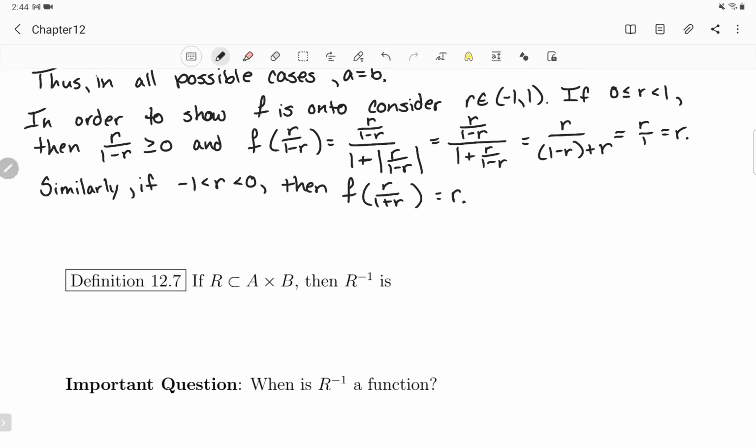Okay, so thus F is onto (-1, 1). Therefore, F is a bijection, or F is bijective, however you want to say it.